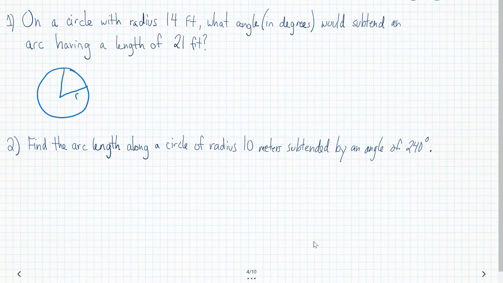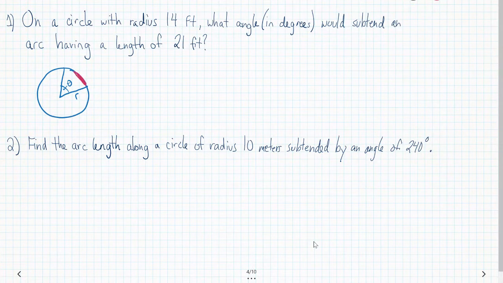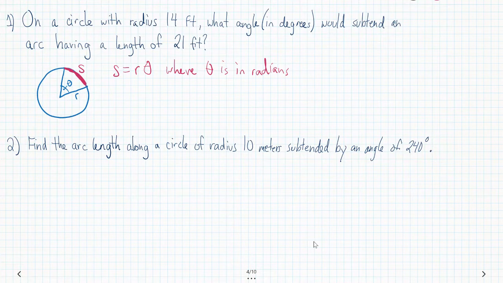If I have r here and I have theta here, and this part of the circle is what we're looking for, let's call that s. S equals r times theta, but there's one caveat: theta is in radians. That's the tricky part for a lot of people. They forget that it has to be in radians. But once you have that, life is good.